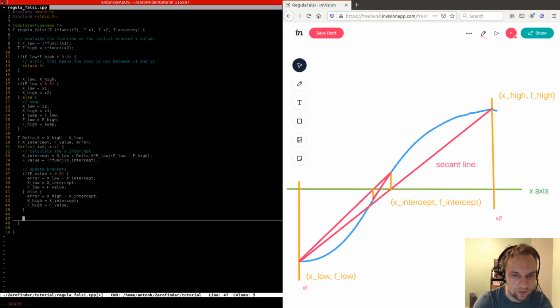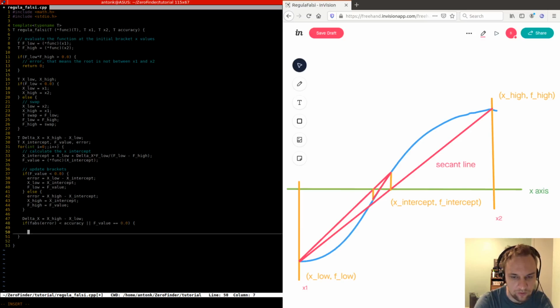Okay, so now we need to calculate delta x again: x high minus x low, and check our termination condition. So if the absolute error is less than accuracy, or if f value is 0, then we know that we have converged, so we can just return the x-intercept.